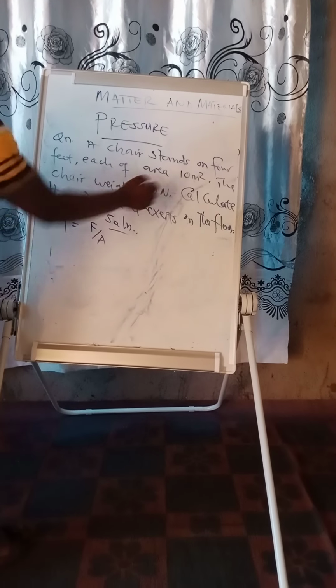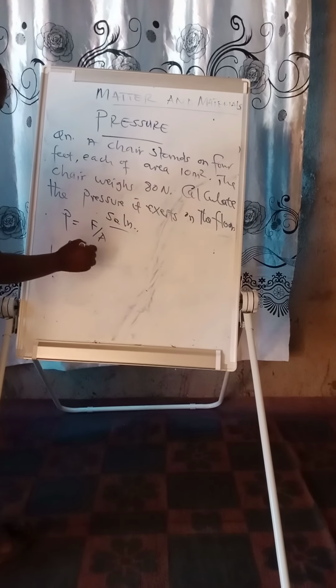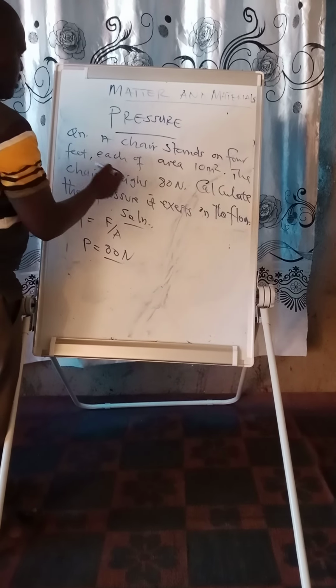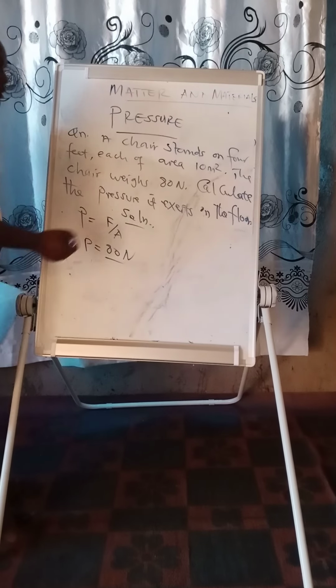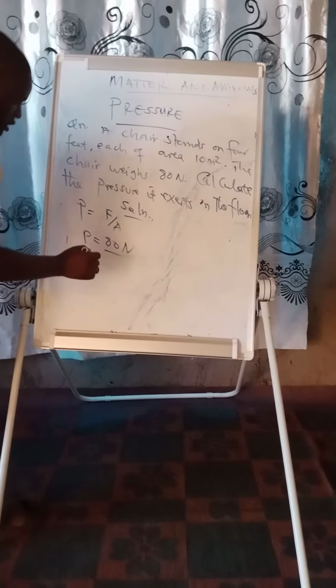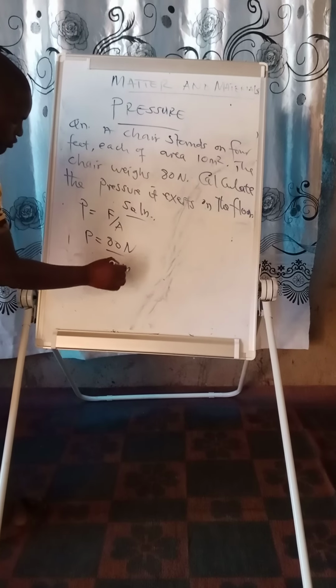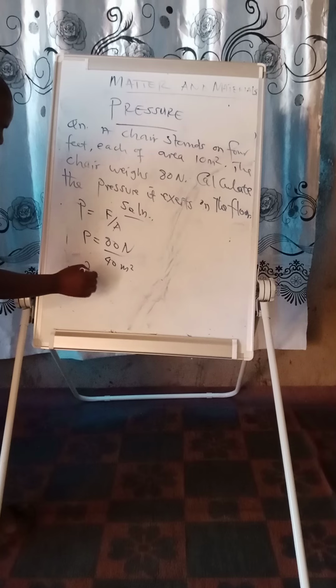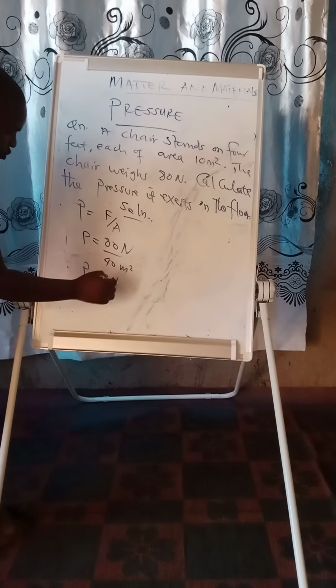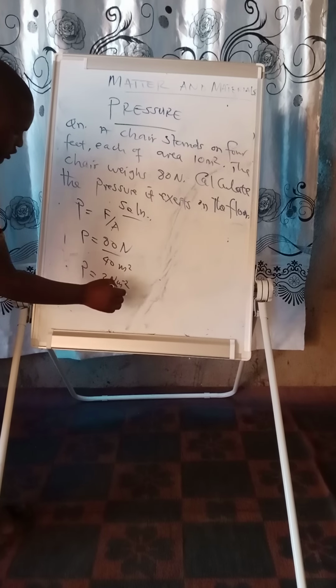The force is 80 Newton. Area: the chair stands on 4 feet, each of area 10 meters square, so the total area will be 4 times 10, which is 40 meters square. So our pressure will be equal to 2 Newton per meter square.